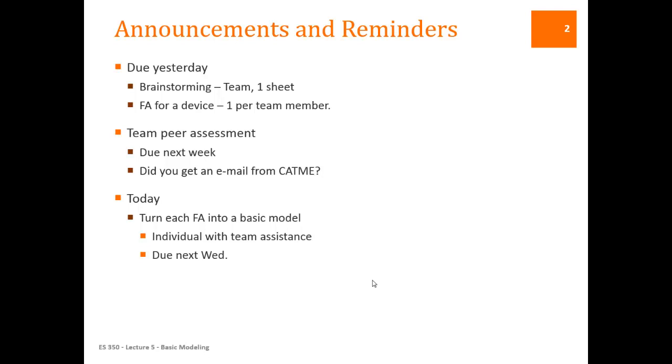The team peer assessment, which is on CATME, has been posted. It's due next week, so you should have gotten an email from CATME. If you didn't, check your junk mail. If you can't find it, let me know and I'll make sure I get it resent.